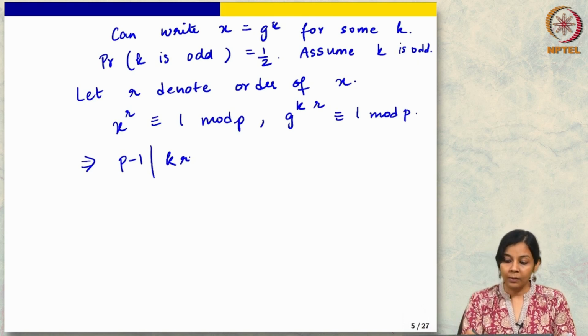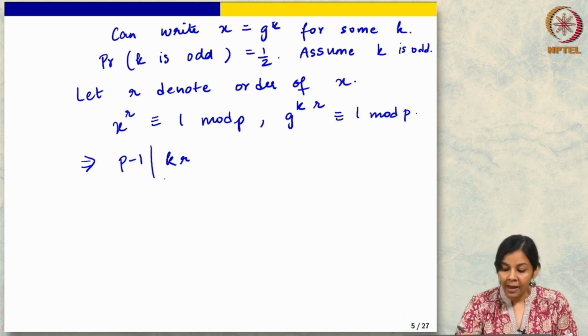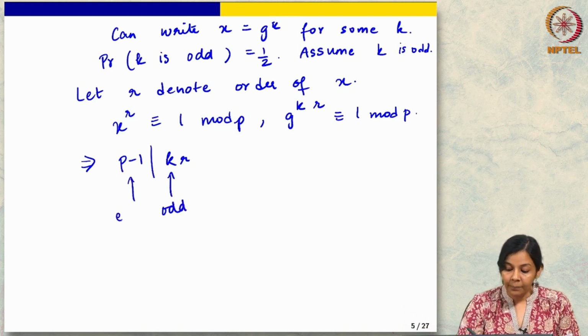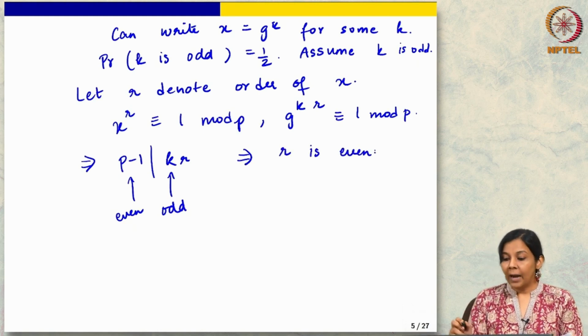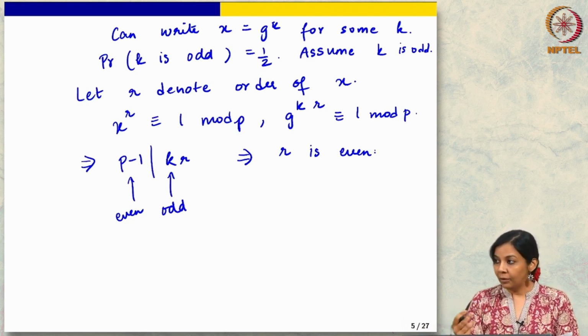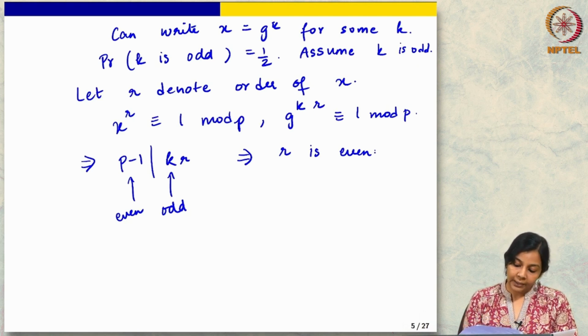So, this implies this, and now we assumed that k is odd, but p minus 1 is even. So, this implies that r is even. So, we get our claim. The only thing that we assumed is that k is odd, and this happens with probability half. So, therefore, we get our claim.